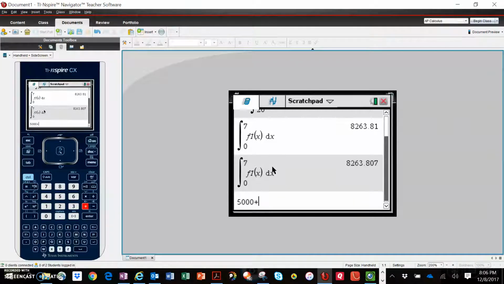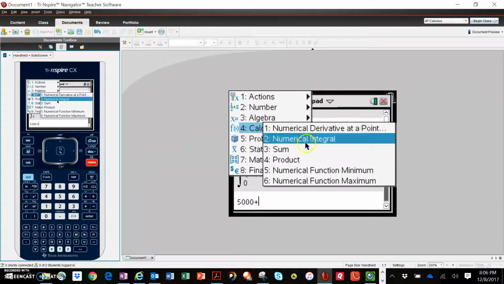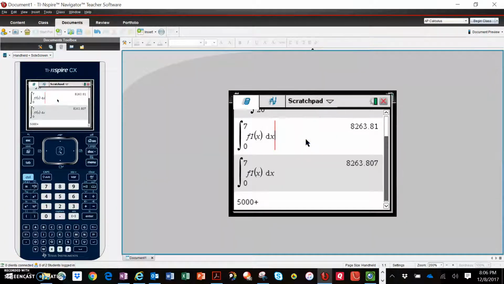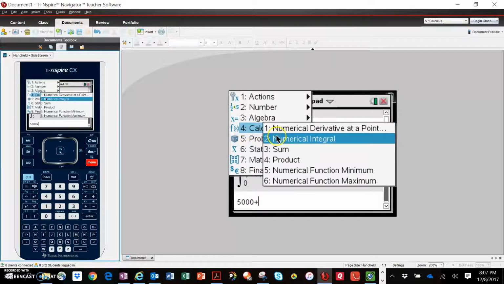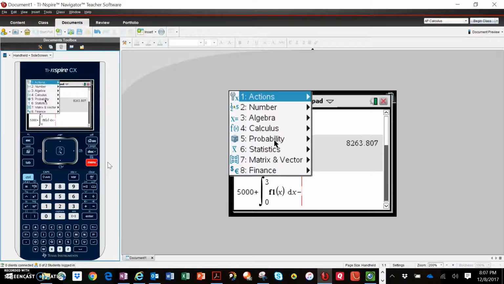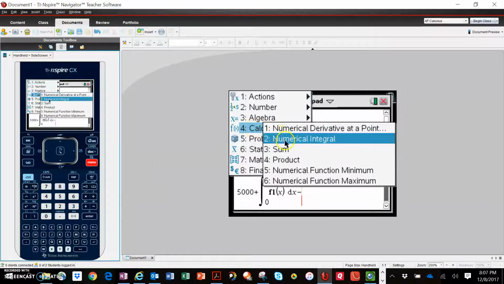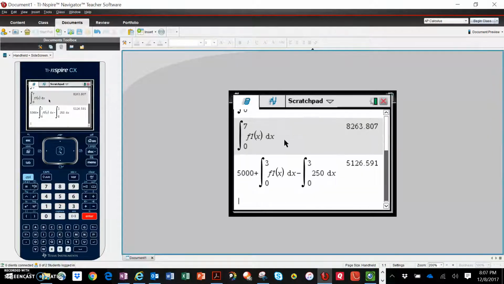We said 5,000 plus the integral, menu, calculus, integral, 0 to 3, f1 of x, integrate with respect to x, minus menu, calculus, numerical integral, 0 to 3, 250, integrate with respect to x.